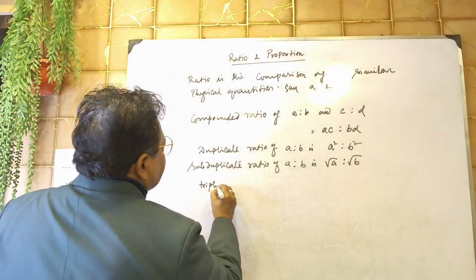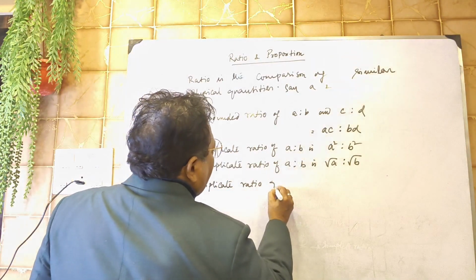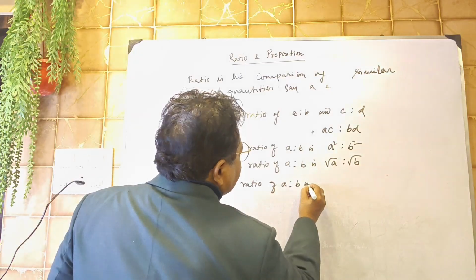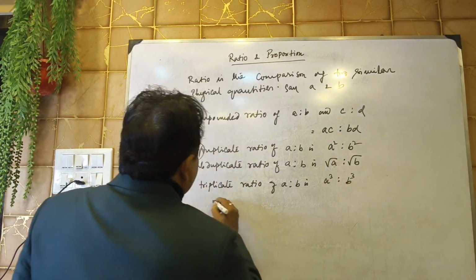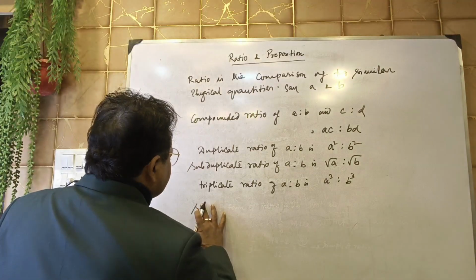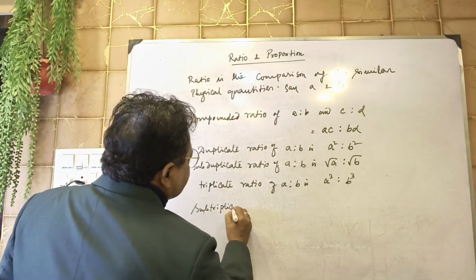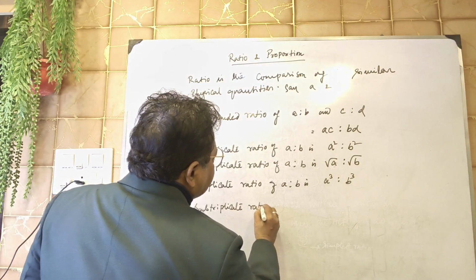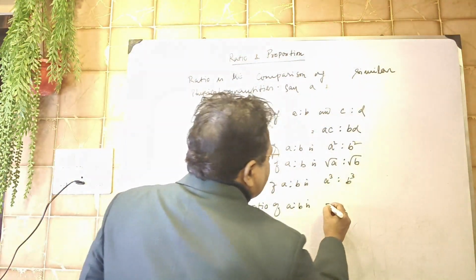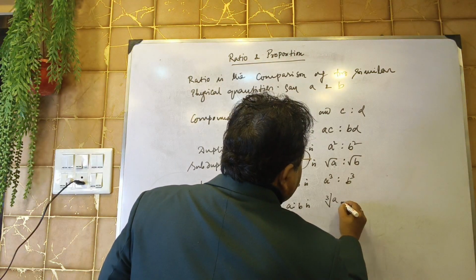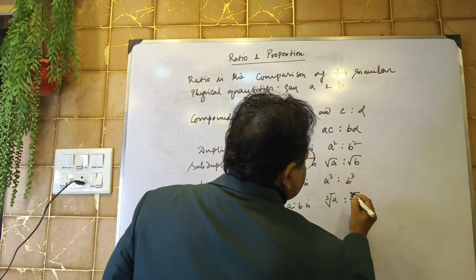Triplicate ratio of A is to B is A cube is to B cube, and subtriplicate ratio of A is to B is cube root of A is to cube root of B.